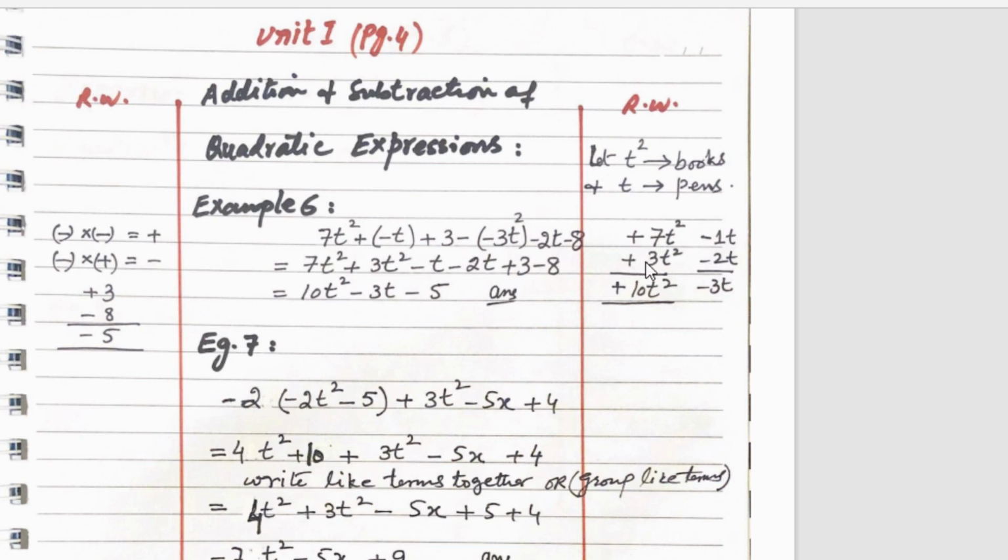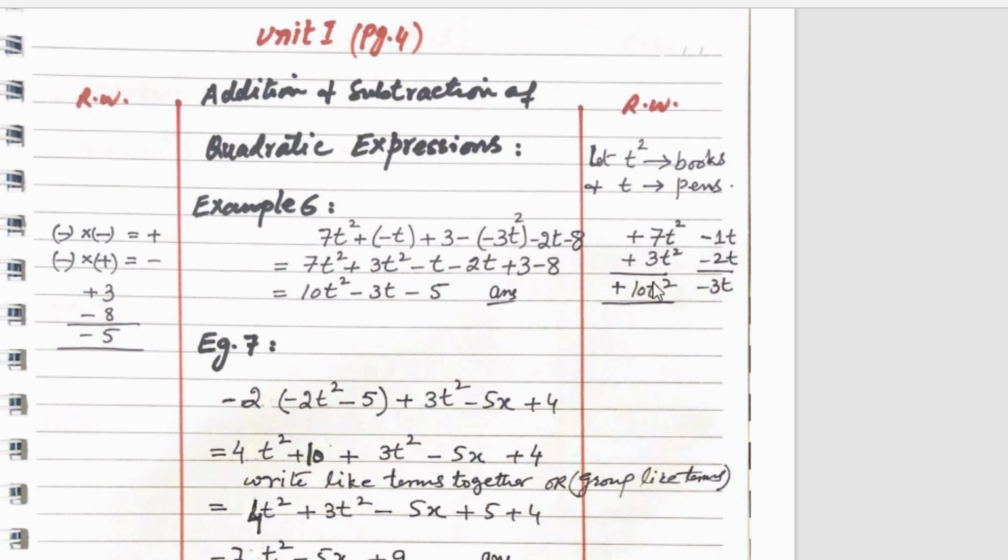If the signs with the terms are the same, they will add up the terms. If the signs with the terms are different, we will subtract the terms. This is a key rule. Please keep it in your mind and try to retain it.